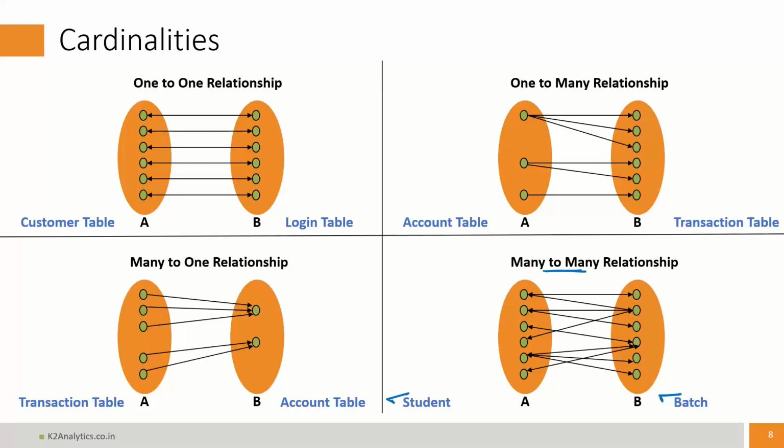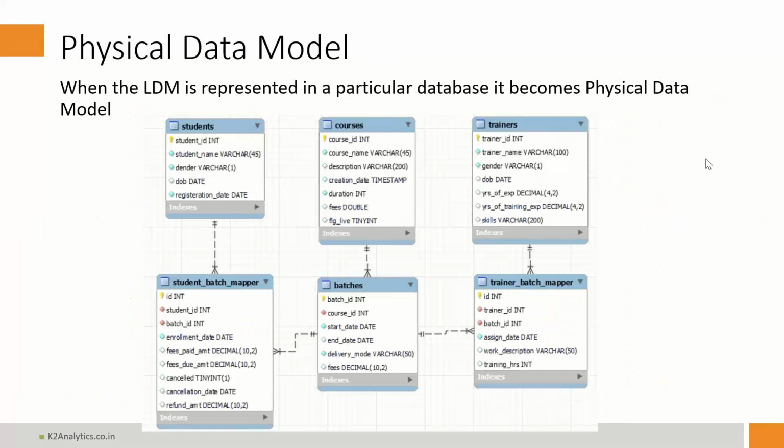We have already discussed this concept that when we design a database, a many to many relationship has to be managed with a mapper table. If you recollect, a student and a batch has a many to many relationship, and from a design standpoint, you cannot have this design directly.